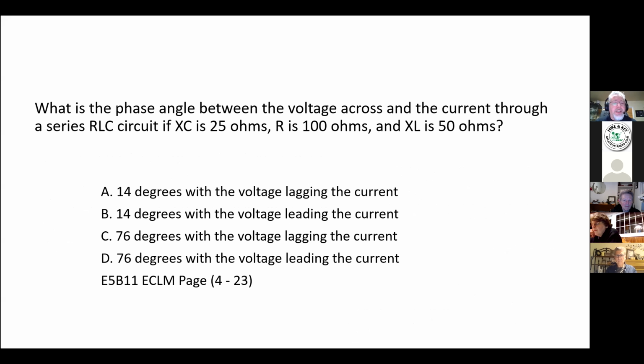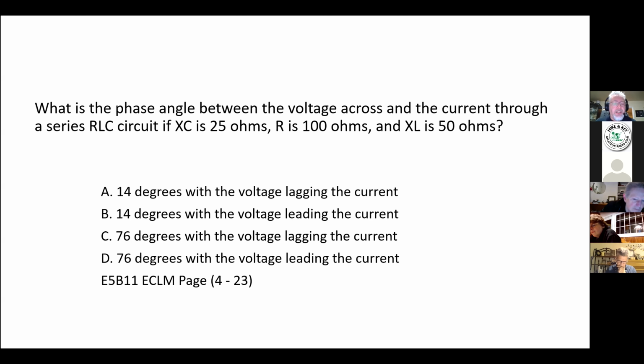I can jump back or send that out later. What is the phase angle between the voltage across and the current through a series RLC circuit if XC equals 25 ohms, R is 100 ohms, and XL is 50 ohms? A, 14 degrees with the voltage lagging the current. B, 14 degrees with the voltage leading the current.